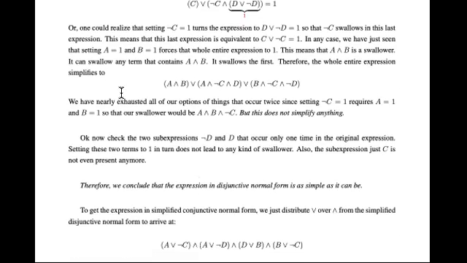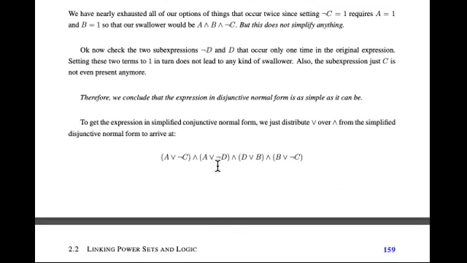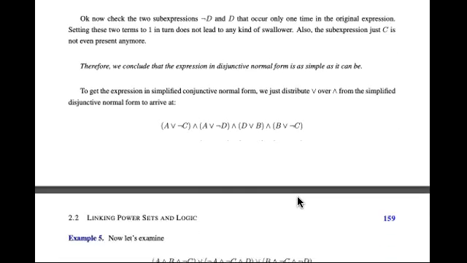Therefore, what we've just shown using that strategy is the disjunctive form, as simple as we can get it. That's disjunctive normal form. Now, to get the same expression into simplified conjunctive normal form, we just use the distributive property, and we would end up at this. That's just obtained by the distributive property.